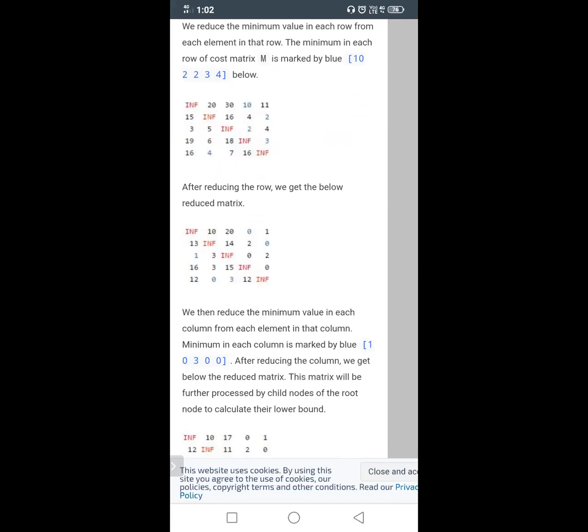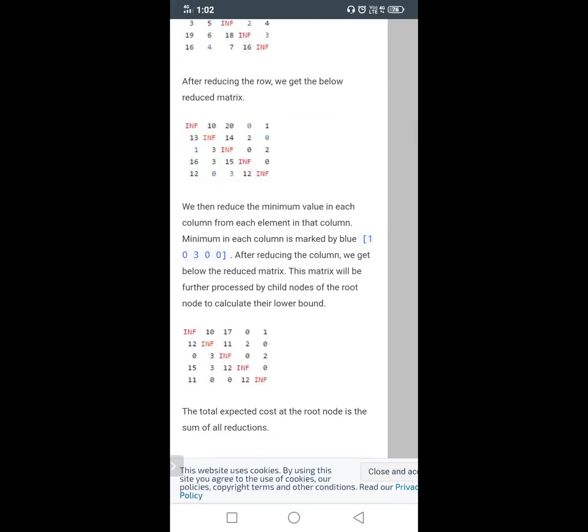So after reducing the row values, then you have to reduce each column, the minimum value in each column. So consider this. First column minimum value is 1, second column 0, third column 3, fourth column 0, and fifth column 0. Okay, clear students?